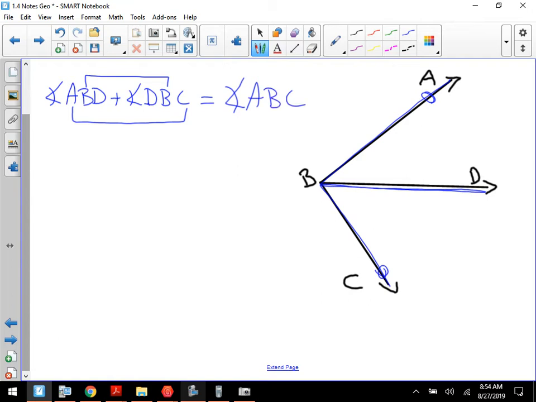Angle addition is nothing more than segment addition, just with a couple extra letters. Really all it is. And I know you guys all know how to do this. Instead of being in a segment, which is straight across, you're changing direction. That is the only difference between them. The mapping of it is going to be identical.